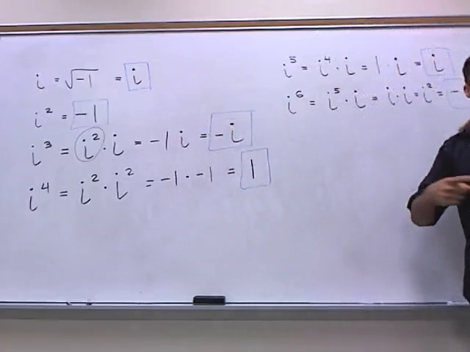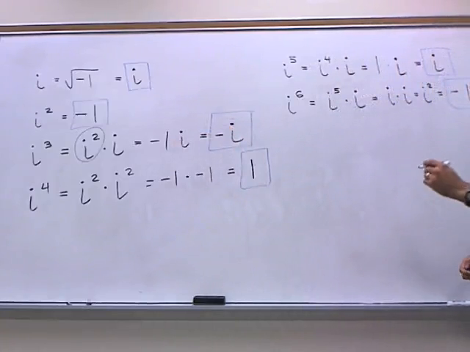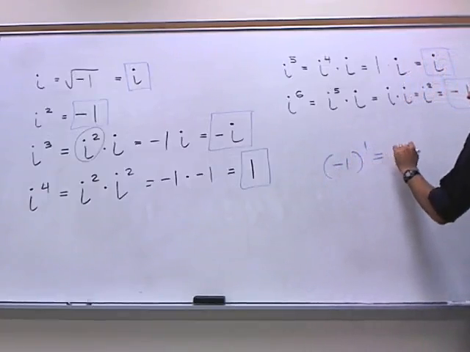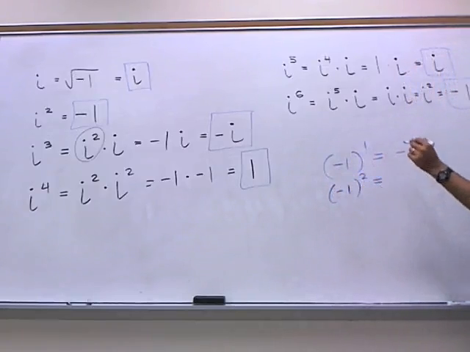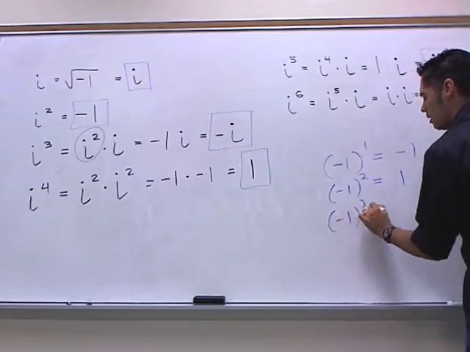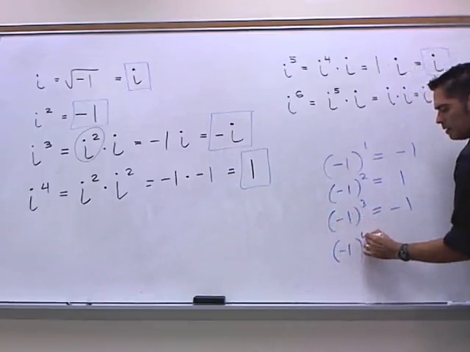So what's happening here is you're getting this cycling. We had the same exact pattern with the number -1. -1 to the 1st power is -1. What's -1 squared? -1 times -1 is 1. What's -1 cubed? -1. And then -1 to the 4th? 1.